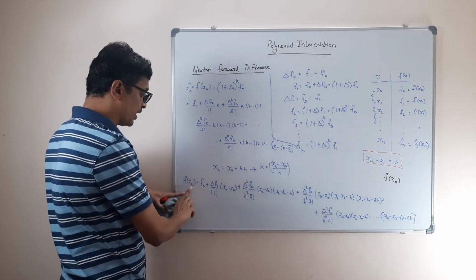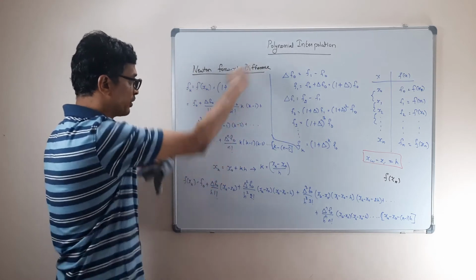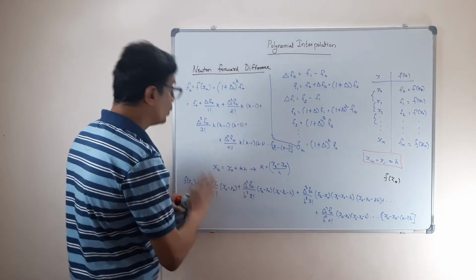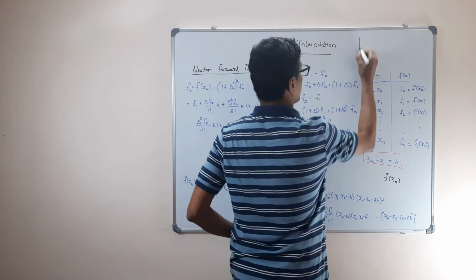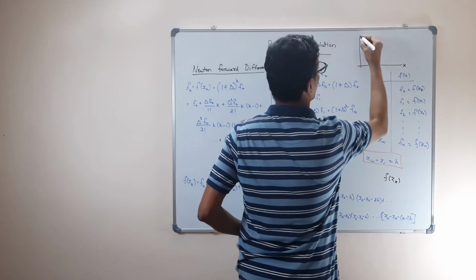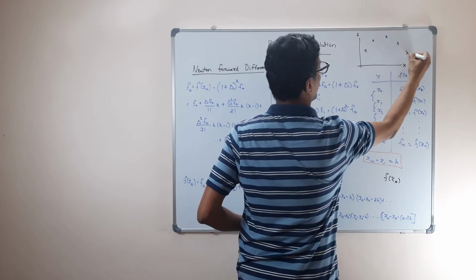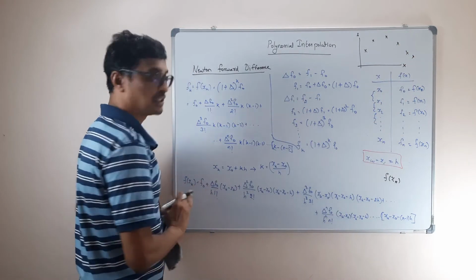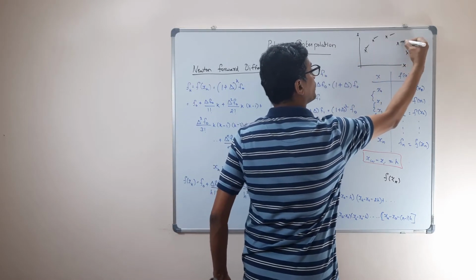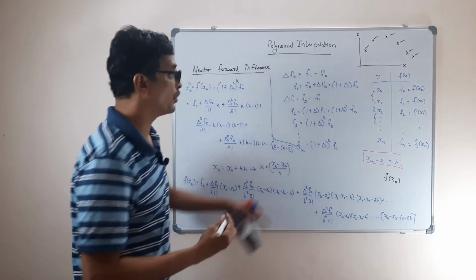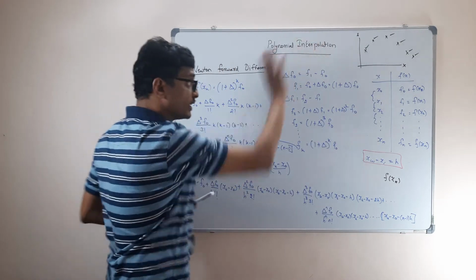When k becomes 1, this becomes f of 1 from the forward operator formula. You will get it. So that means what we have done is, this is a function which satisfies all the points given by our data.